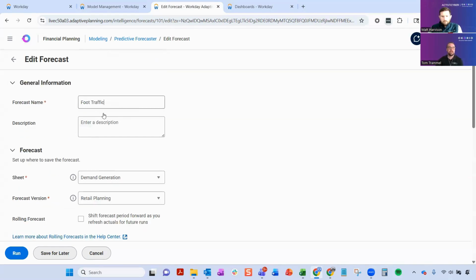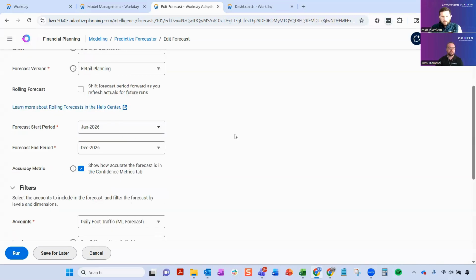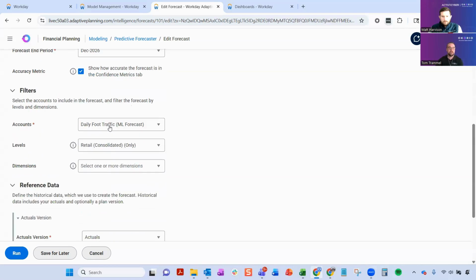And so you can see here, I put in foot traffic. That's our main priority for today. And then going down to the specific model we're working in, the specific version we're working in, and the time period that we plan to forecast for.